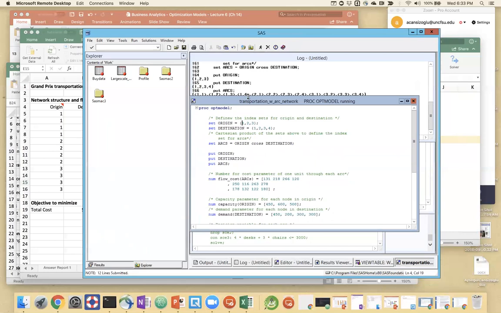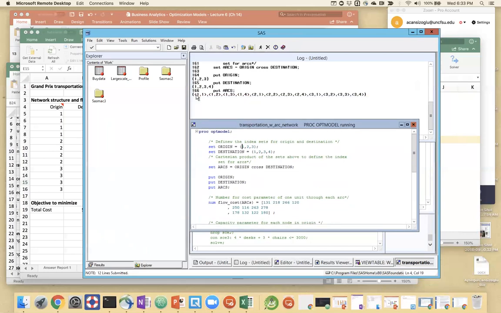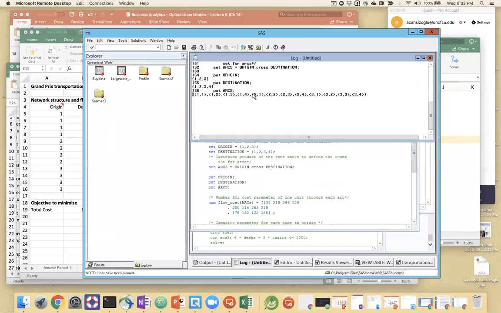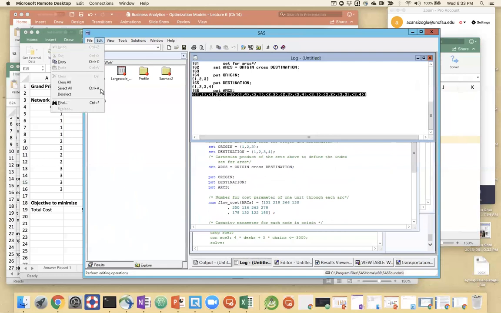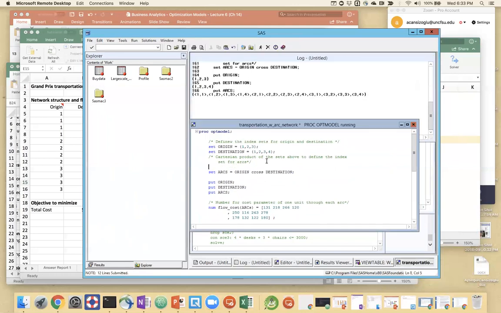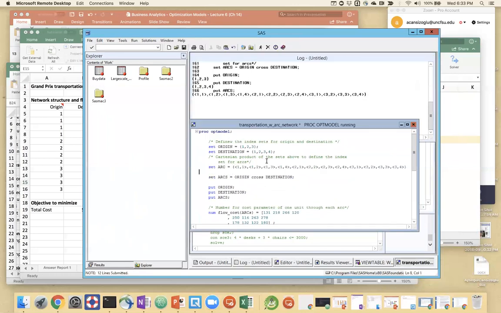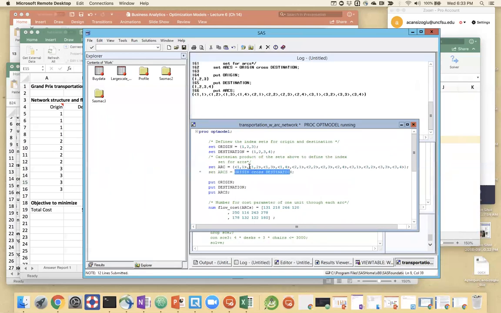You can also define them explicitly. I can copy this, and instead of doing a cross product, another option is to run it like this. And this is fine too. So instead of origin cross destination, which is a shorter form, you can put everything in one by one, right?